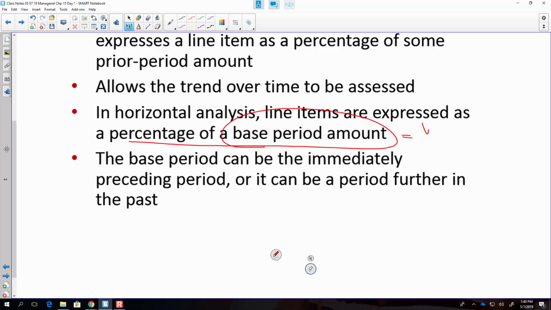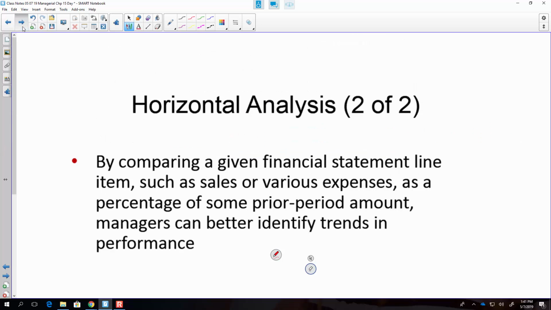Usually it's called year 1. That's our base. And we are projecting out and seeing how we are doing compared to that base year. Hopefully the base year is a good year. And are we improving on our operation as we go into our future years? So that's what we're trying to determine here.